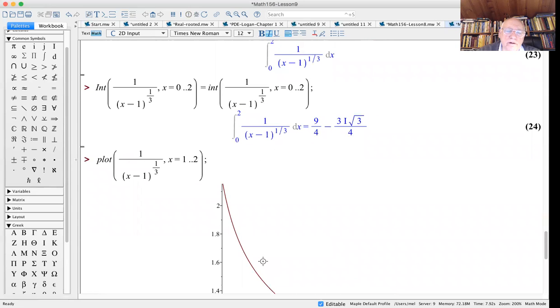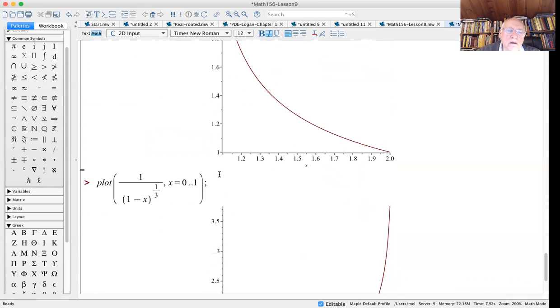This is the graph from 1 to 2. Let's see what happens if I try to put them together.